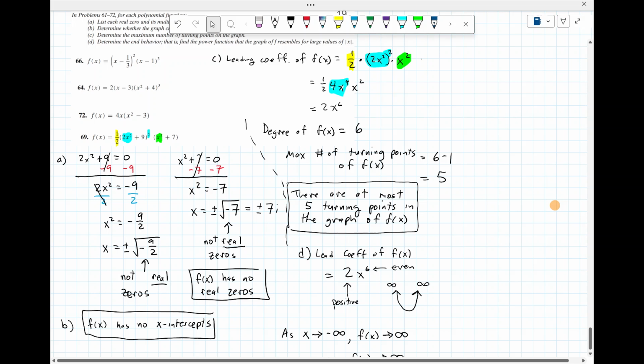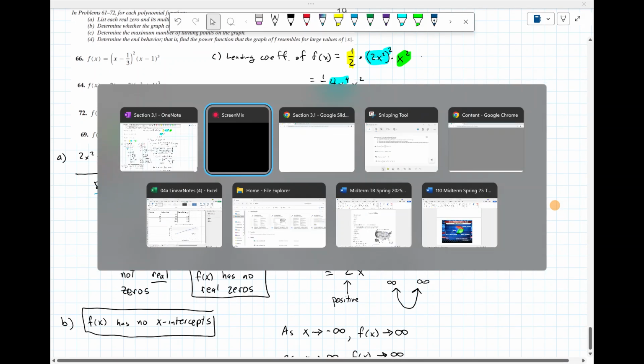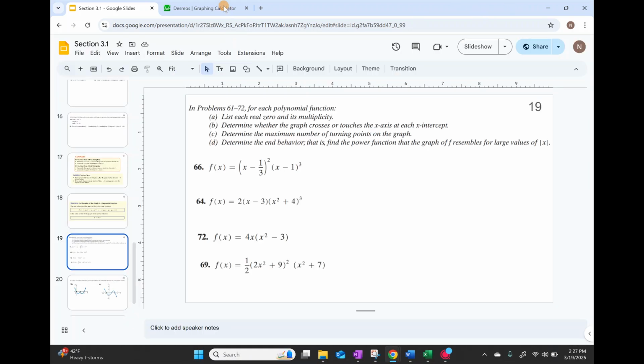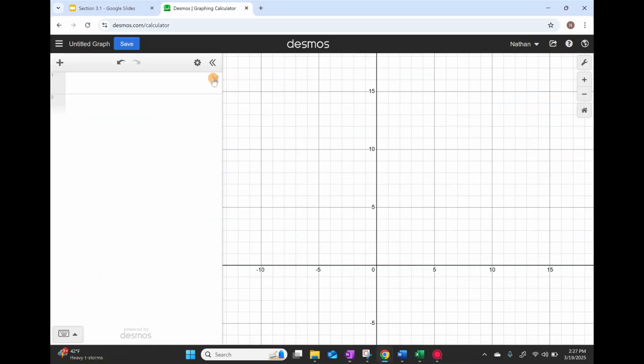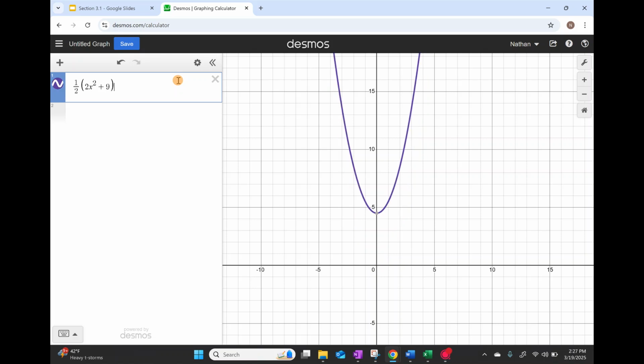Now, let's double check all of our answers by graphing this. So we're going to do 1/2 times 2x squared plus 9, squared, and then x squared plus 7.